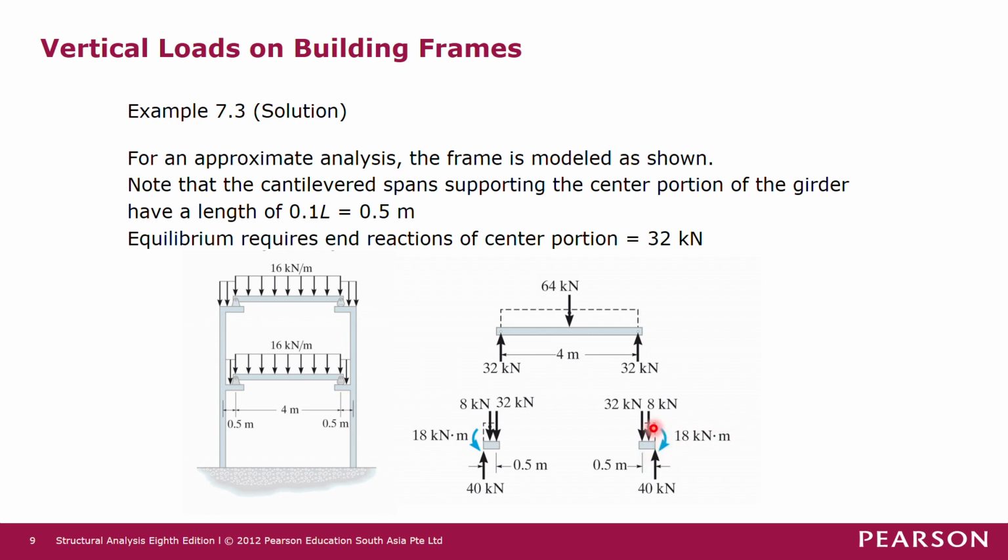The moment in this case is clockwise. So the moment here is anti-clockwise. Okay. So the moment at this joint here, or at this cross section here, is 18 kilonewton meter clockwise moment.